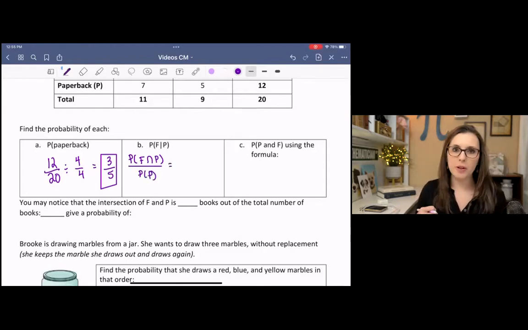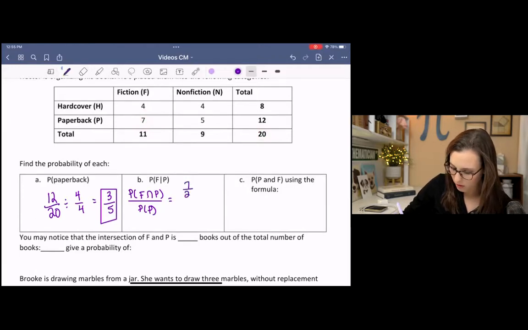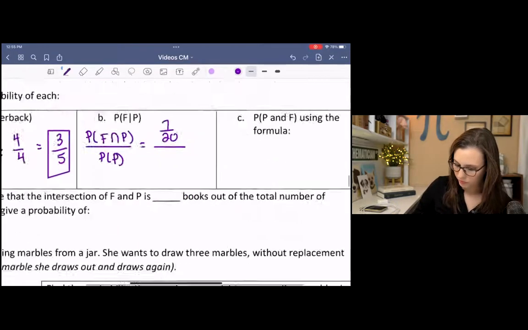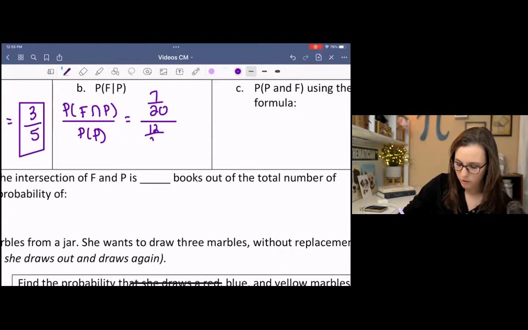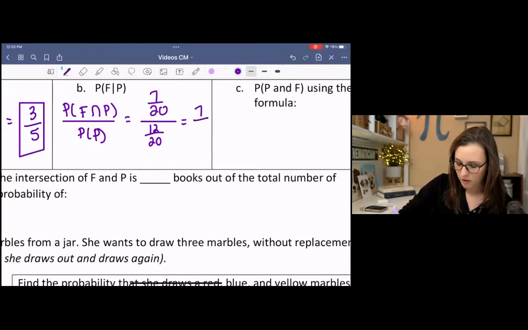So the probability of the intersection of the two, fiction and paperback, is 7. That's where they overlap. 7/20 is the probability. And then the probability that it's paperback, we already found in the previous example, was 12/20. And then if we flip it and multiply, we get 7/12.